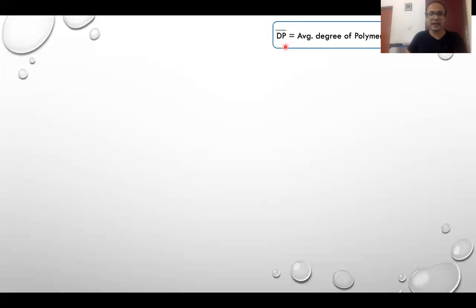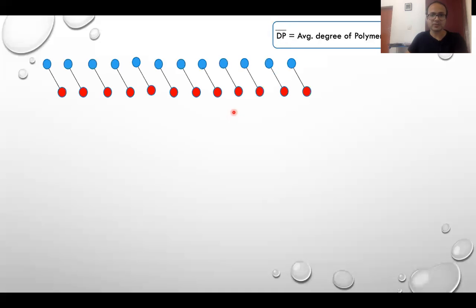So here you can see we have bifunctional molecules shown in blue and red, and there are 12 monomer molecules in this particular diagram.